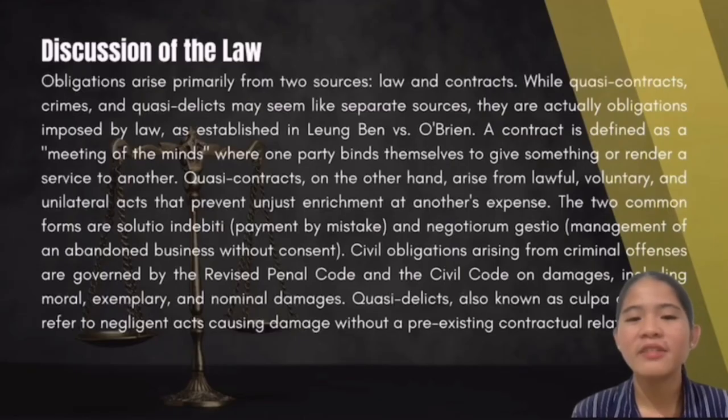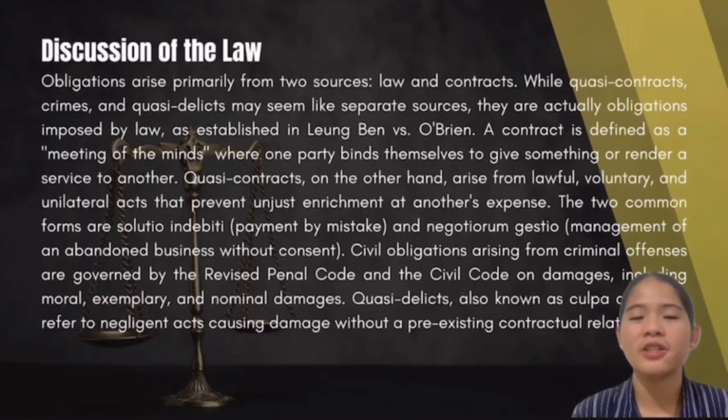Quasi-contracts, on the other hand, arise from lawful, voluntary, and unilateral acts that prevent unjust enrichment at another's expense. So the two common forms are solutio indebiti, a payment by mistake, and negotiorum gestio, or a management of an abandoned business without consent.